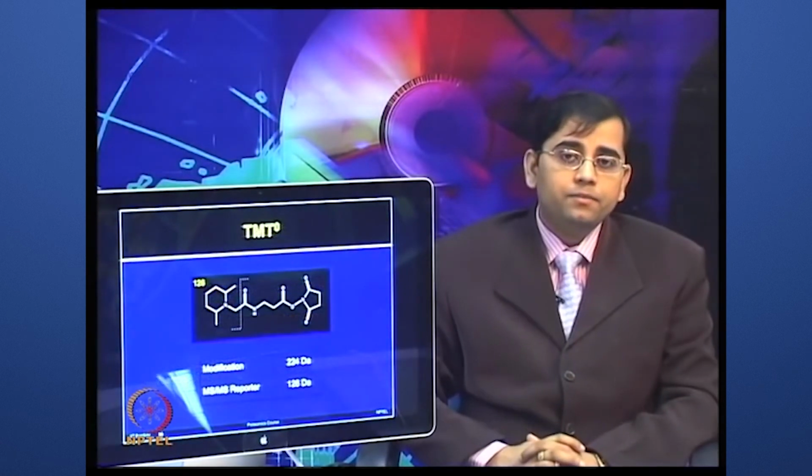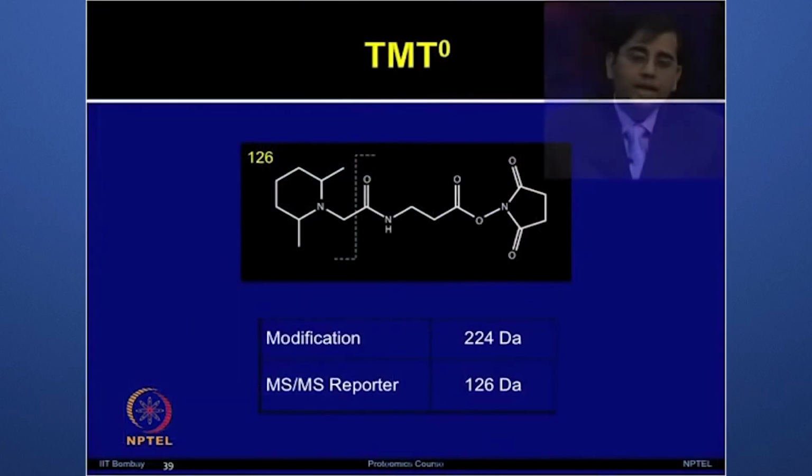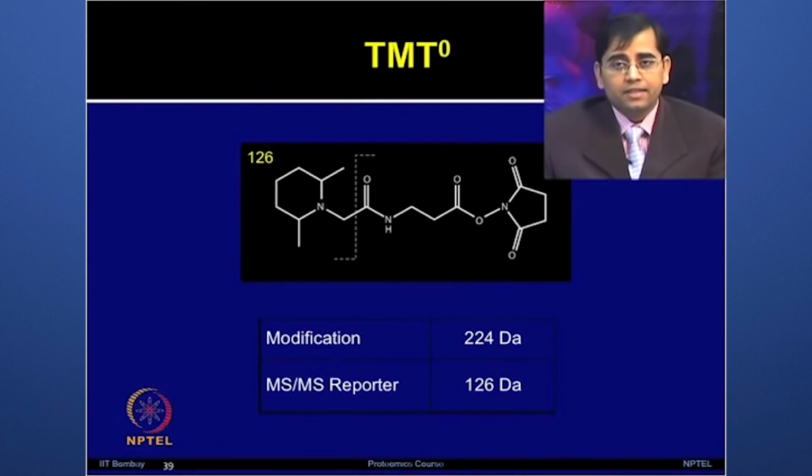Let us look at the TMT 0 label structure in more detail. The TMT 0 tag is used for testing and optimization of the sample preparation, labeling, fractionation and MS fragmentation for peptide identification and reporter detection.